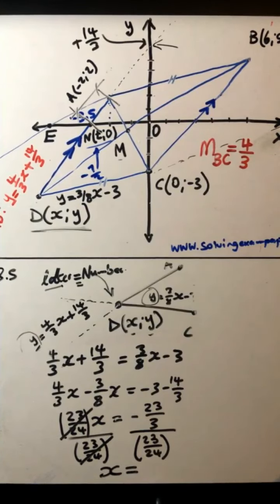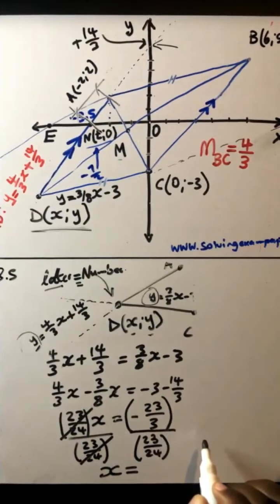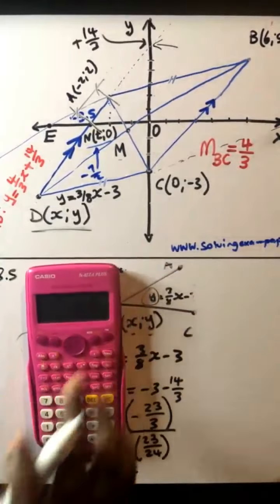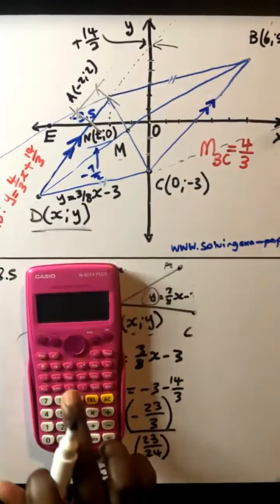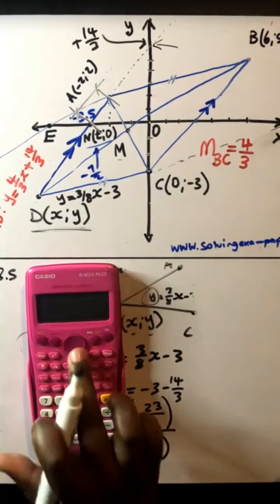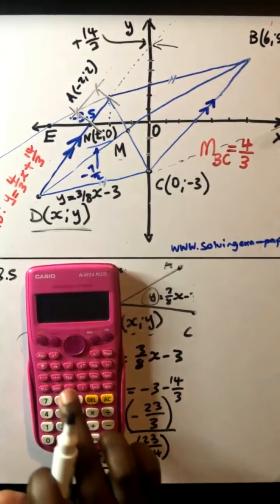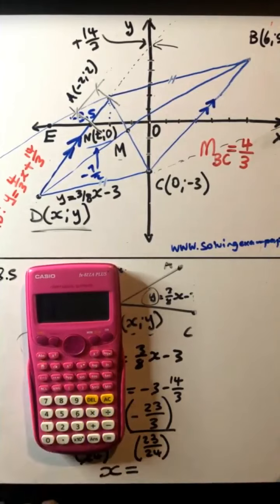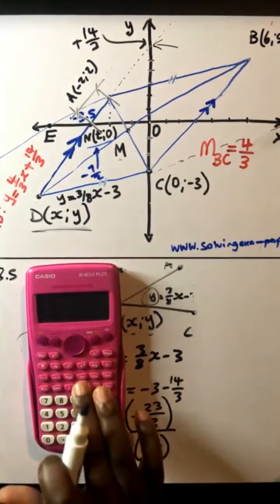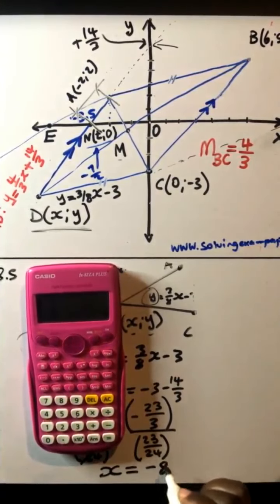Then you punch the whole of this on a calculator: fraction button, open bracket, negative 23 over 3, close, then divide by, open bracket, 23 over 24, close bracket, equals, and you get negative 8.